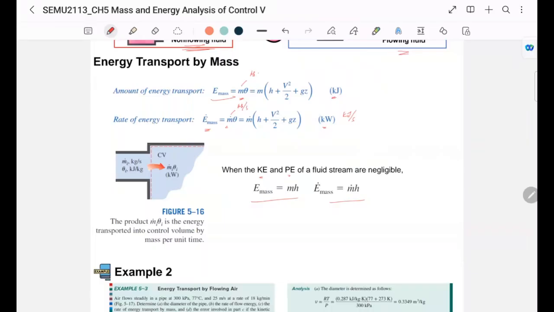Sometimes we do calculate it this way because the magnitude of one of them can be much more significant than the other. The velocity will be very small, so the kinetic energy is very, very small. Potential energy, maybe there's none at all. So therefore, reduce it to just the mass multiplied with the enthalpy.